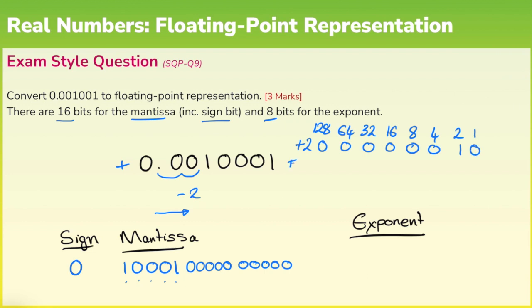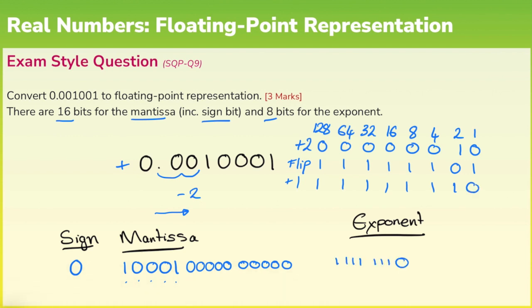We then flip the 1s and the 0s, so we get 1, 1, 1, 1, 1, 1, 0, 1. And lastly, we add 1, which becomes 1, 1, 1, 1, 1, 1, 1, 0. And there we have our answer.